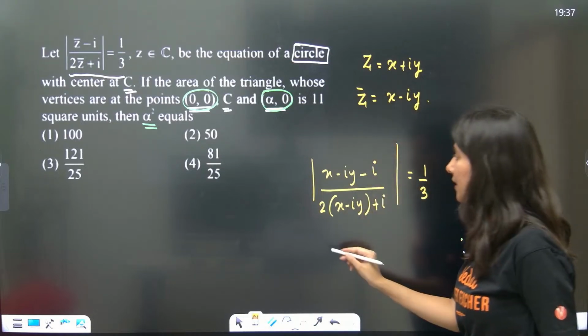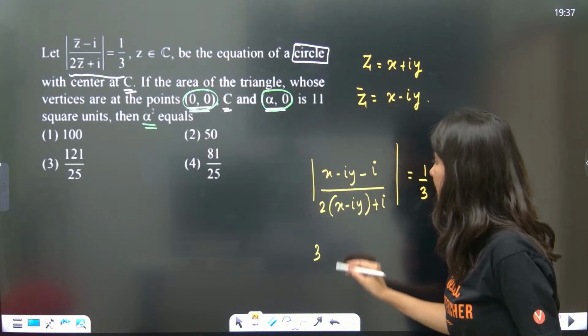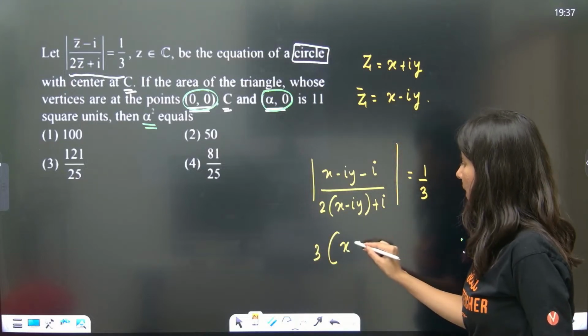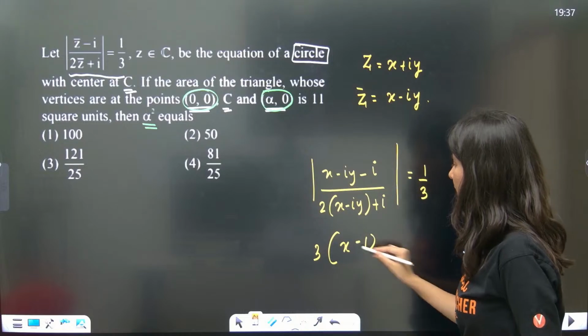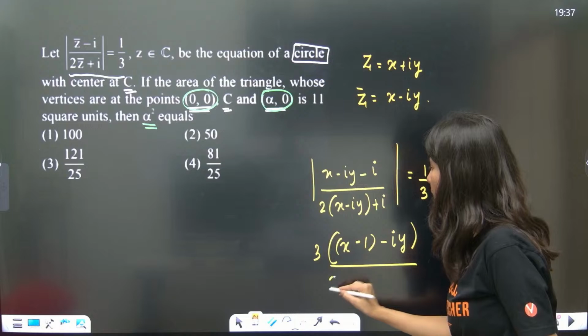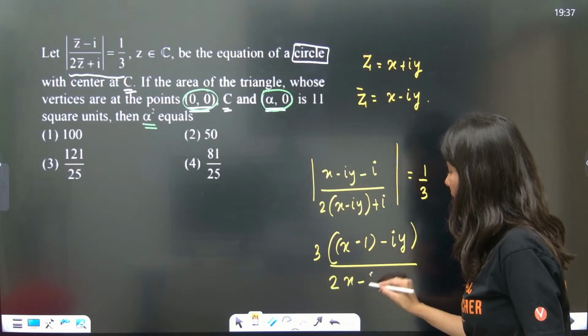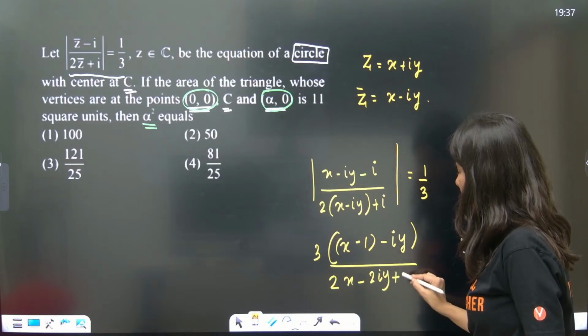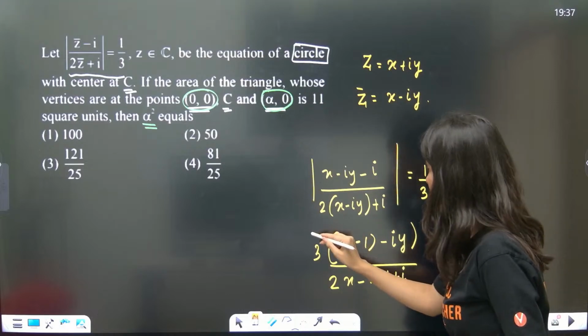If you multiply this 3 over here, so 3 times the modulus of x minus 1, and this is going to become minus iota, whole upon 2x minus 2 iota y plus iota.